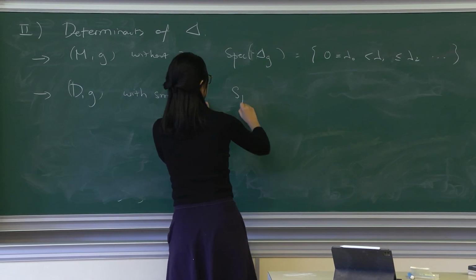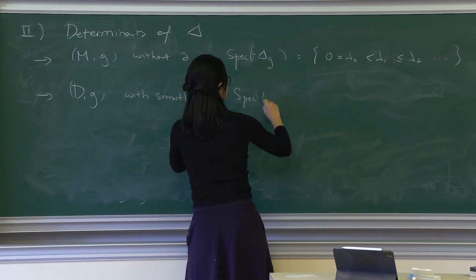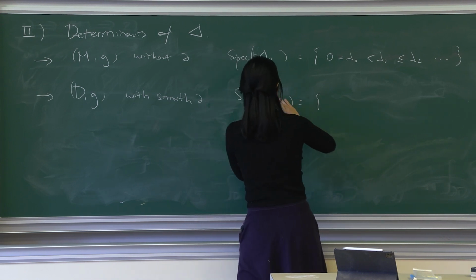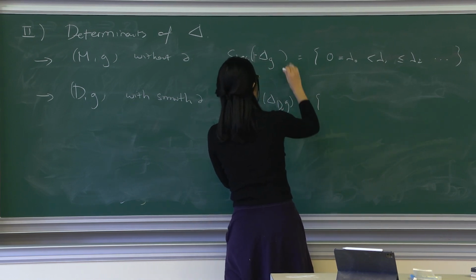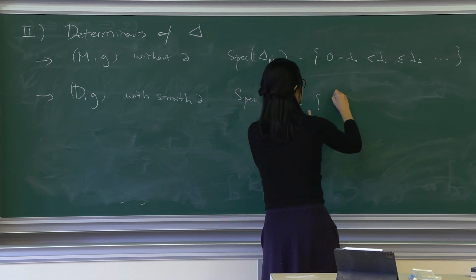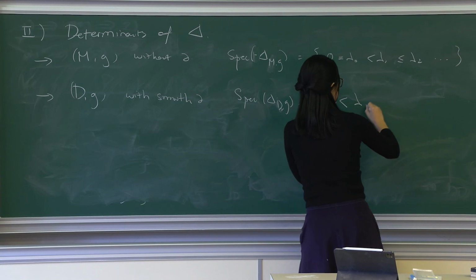And here, the spectrum of a Laplacian, let me put the D here, M, G. So you have 0 strictly less than lambda 1.